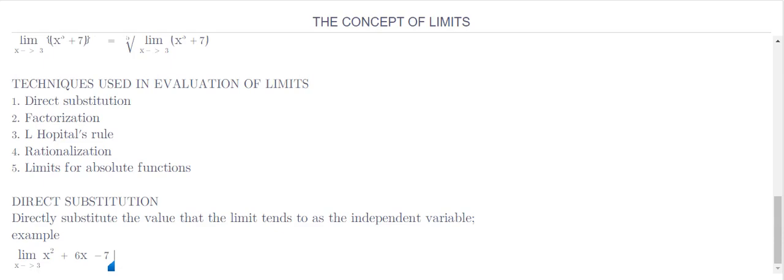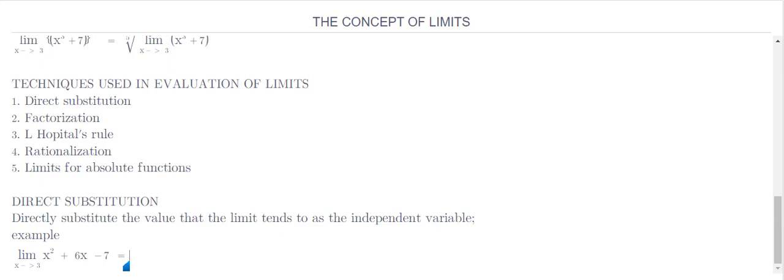So in direct substitution, you substitute the value that the limit tends to as the independent variable. The independent variable here is x. The limit is x squared plus 6x minus 7, and x is tending to 3.